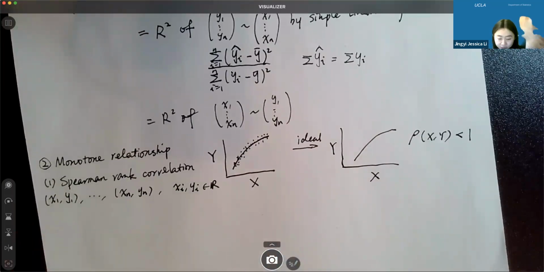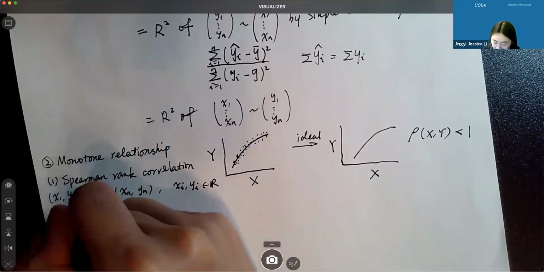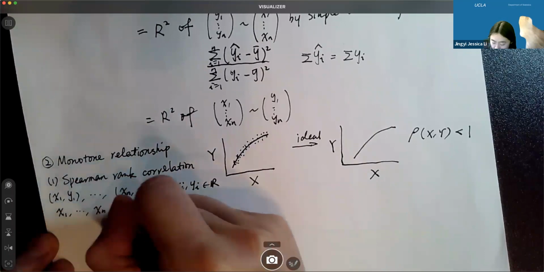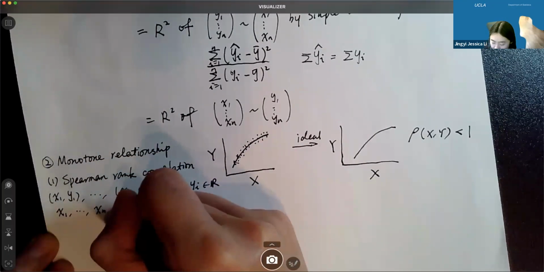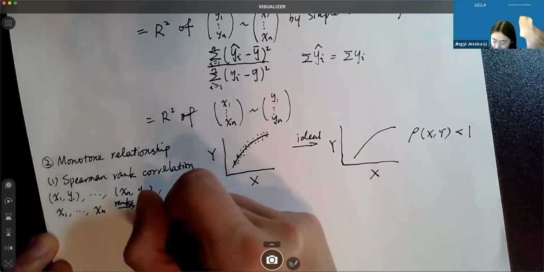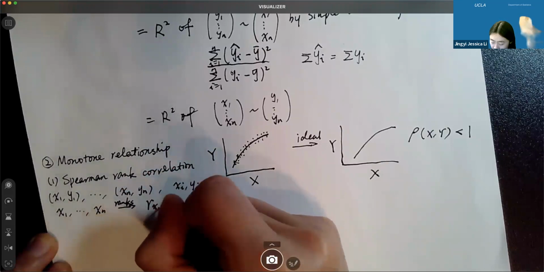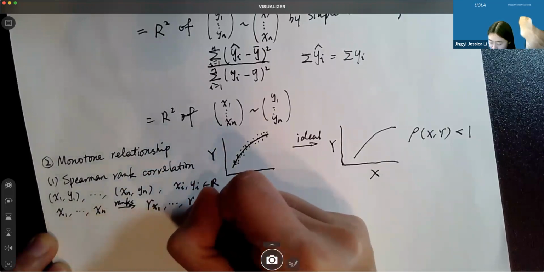For the Spearman rank correlation, the idea is very simple. You first convert your X1 to Xn to their corresponding ranks within X. Let me call these Rx1 to Rxn.